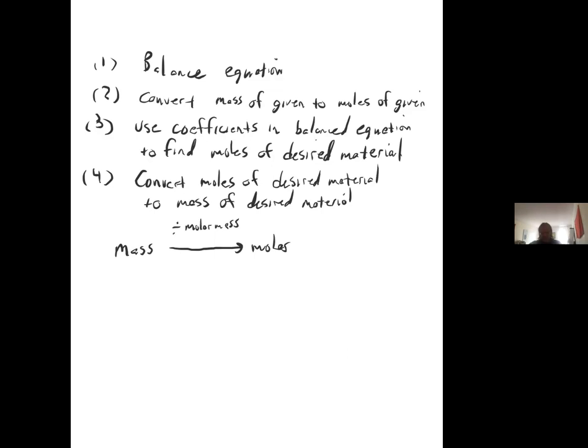And then to go from moles to mass, you multiply by the molar mass. Okay, and there you go. There's your procedure right there, step by step. That's going to work for 90% of these types of problems. It's a very standard type of problem, and this will work for it.